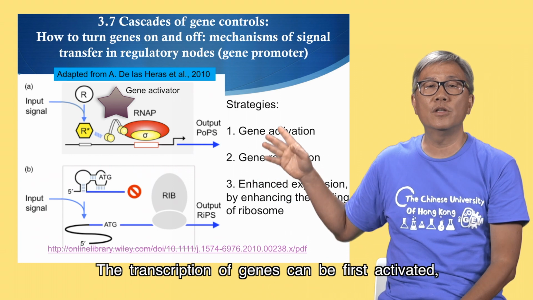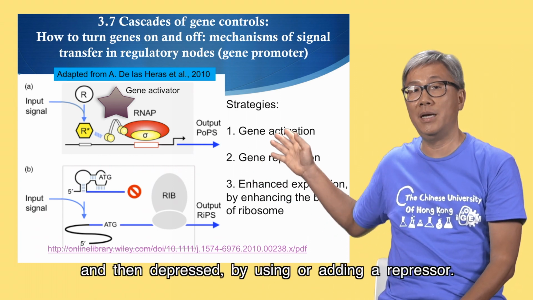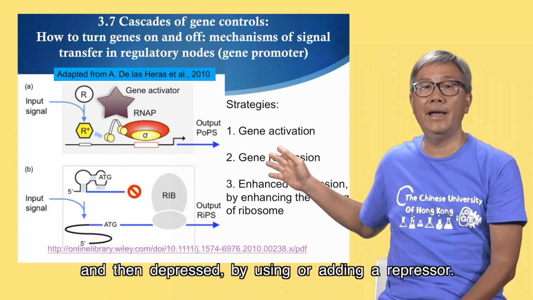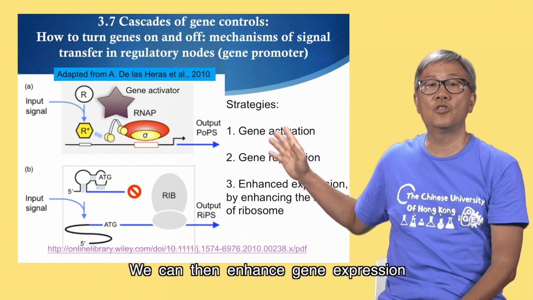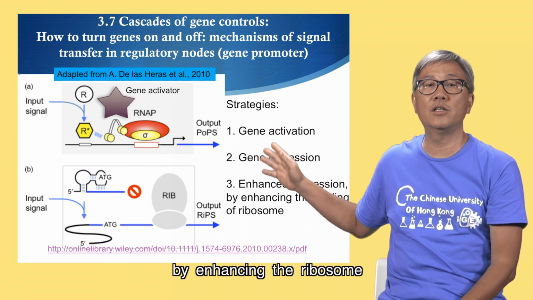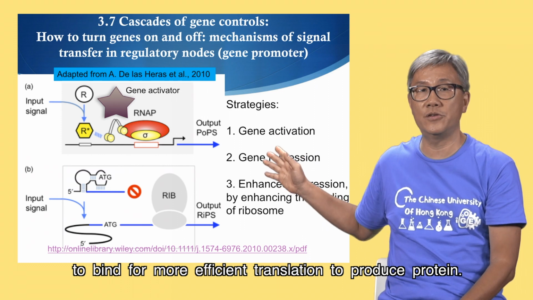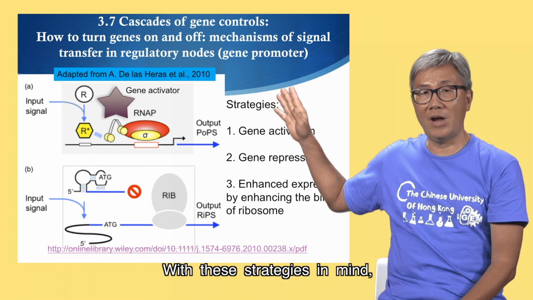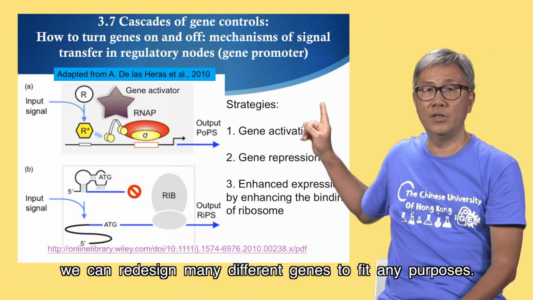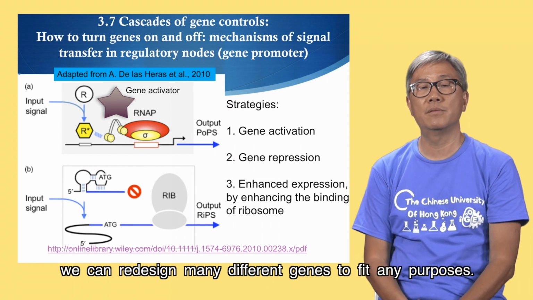The transcription of genes can be first activated and then repressed by adding a repressor. We can then enhance gene expression by enhancing the ribosome binding for more efficient translation to produce protein. With these strategies in mind, we can redesign many different genes to fit any purposes.